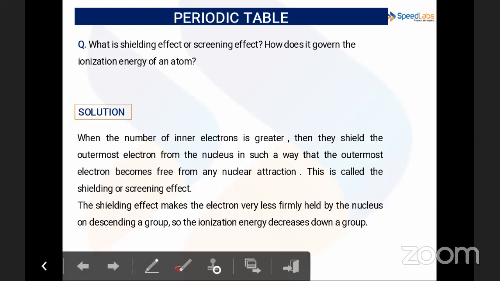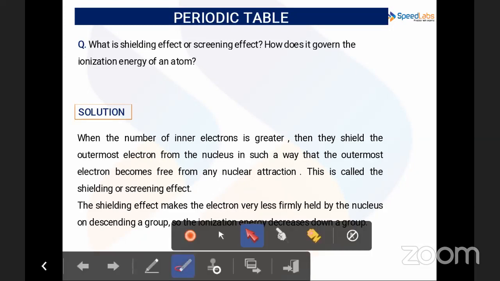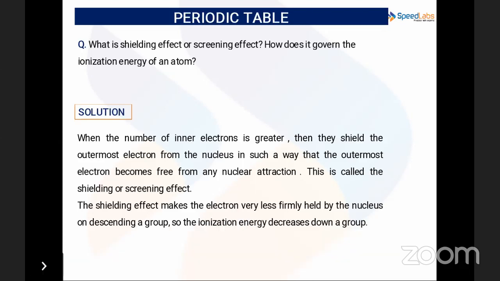So I'm just explaining again. Here the question is, you have to explain what is screening effect or shielding effect. The shielding effect is when the electron and the nucleus in an atom have a decrease in attraction, which changes the nuclear charge.